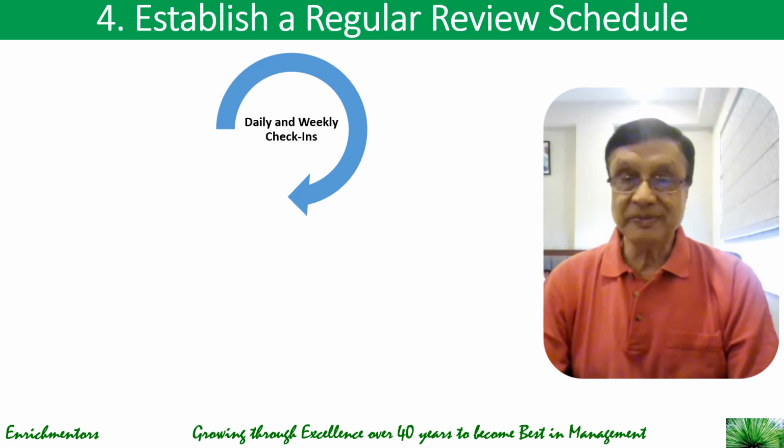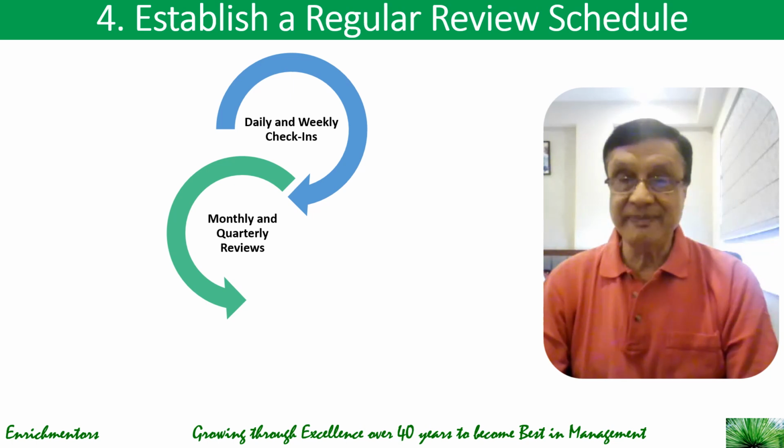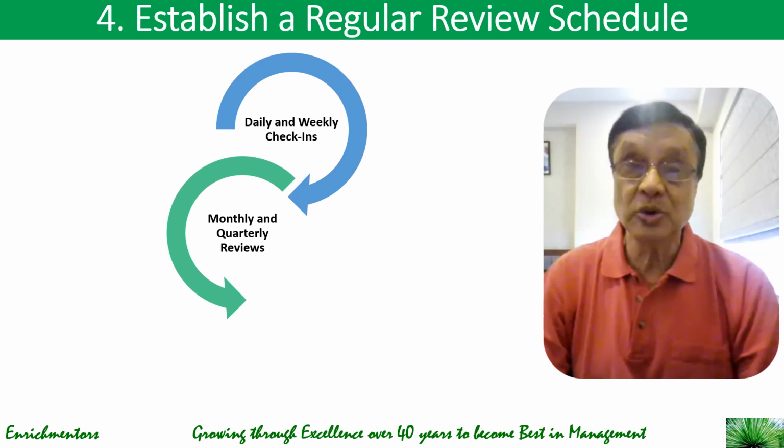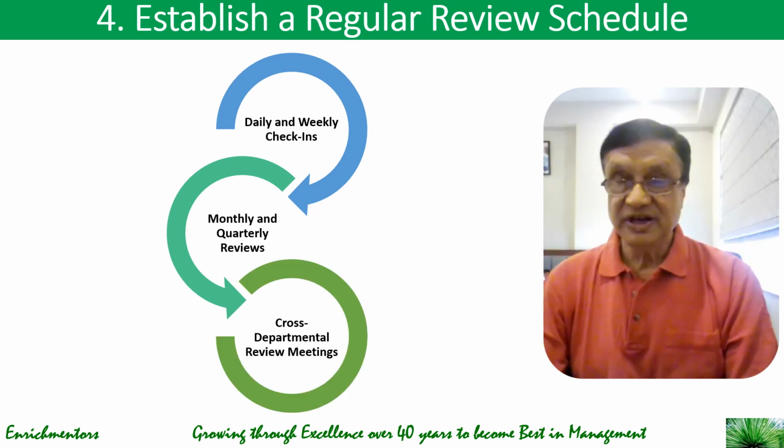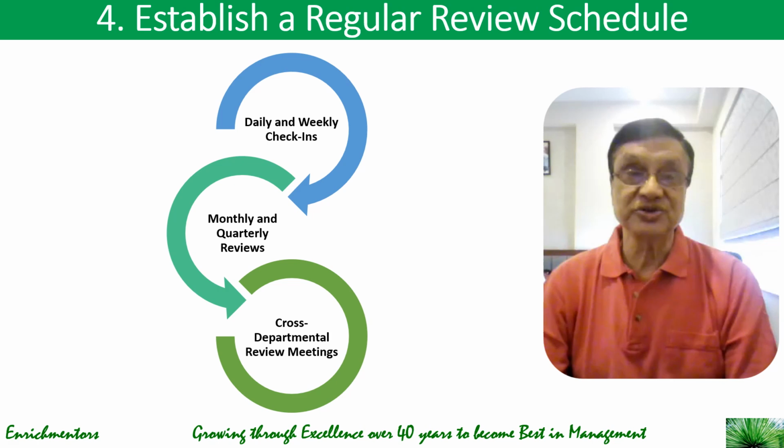Also, you could look at monthly or quarterly reviews, conducting in-depth KPI reviews on a monthly and quarterly basis, including AR days and cost to collect, to assess longer term trends and evaluate the effectiveness of the RCM strategies. And lastly, cross-departmental review meetings in which you include stakeholders from clinical, administrative, and financial departments to get a holistic view of the revenue cycle performance and identify any cross-functional issues. So establish such a regular review schedule.